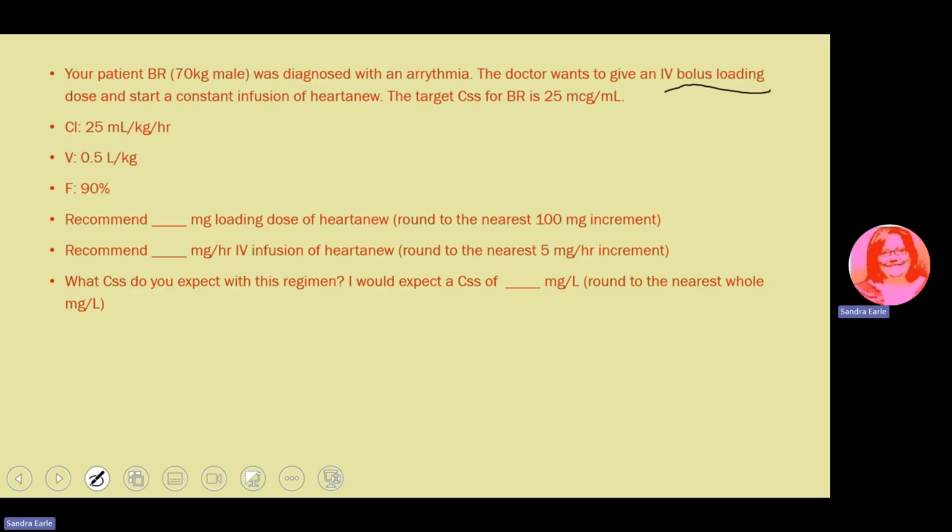An IV bolus loading dose to start a new constant infusion of Hardenew. The target is 25 micrograms per ml, which is the same thing as milligrams per liter, right? So to determine the loading dose, and it's going to be an IV bolus, we just need our target concentration.